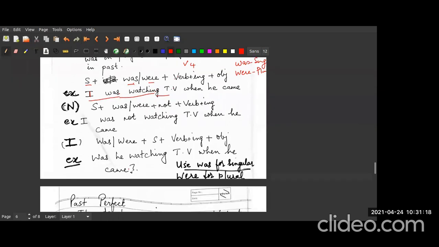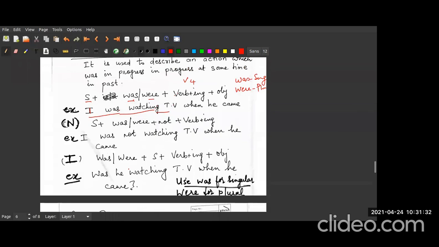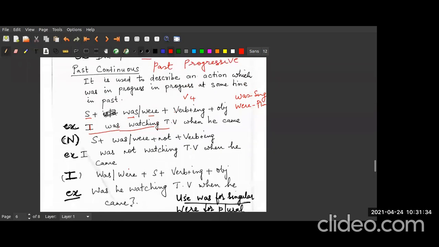Then use was for singular and were for plural. So this all of you must be knowing. Was is used for singular, and were is used for plural. And what is the use? It is used to describe an action which was in progress at some time in the past. मतलब past के कोई समय में ये हो रहा था.